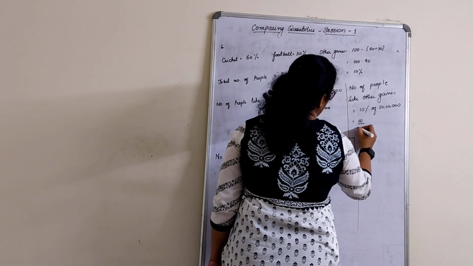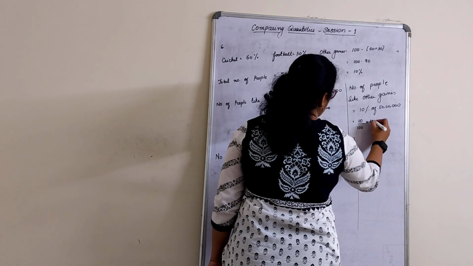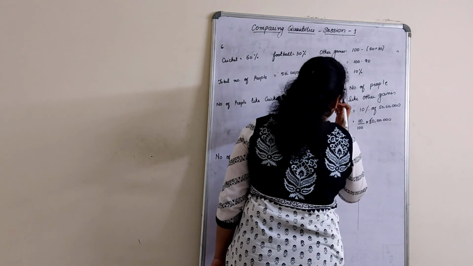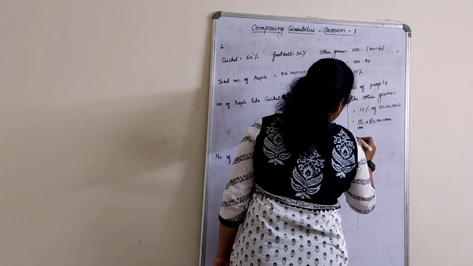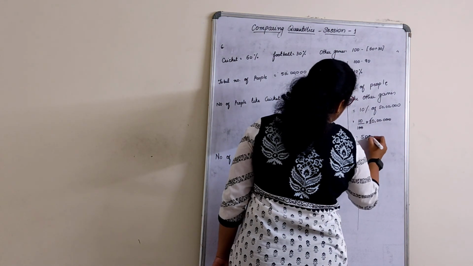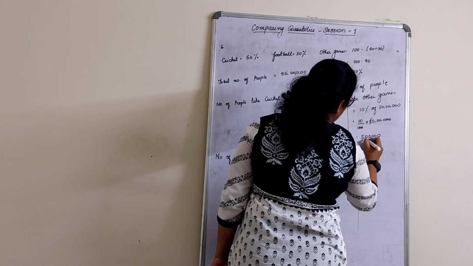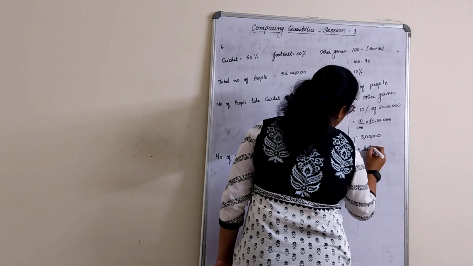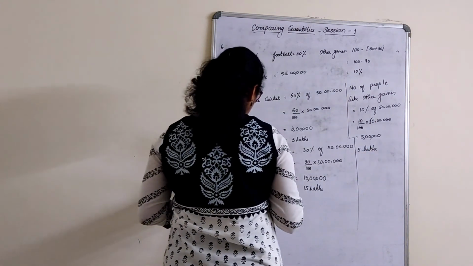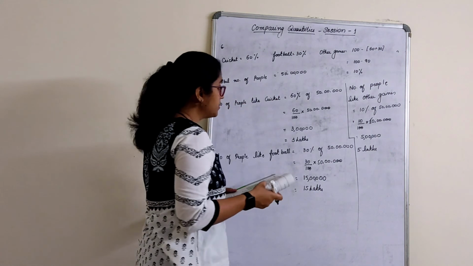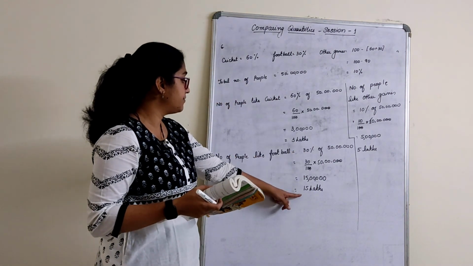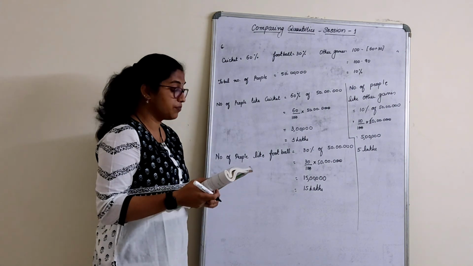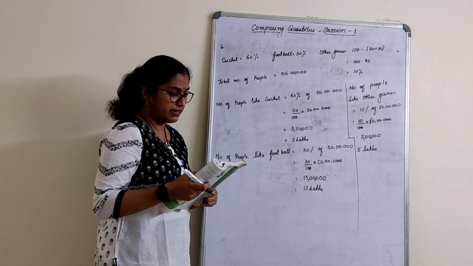So this is 10 by 100 into 50 lakh, 2 zeros, 2 zeros. So 5 lakhs. So number of people who like other games are 5 lakhs. 3 lakhs cricket, 15 lakh football, and 5 lakh other games. So that is what we have to calculate here.